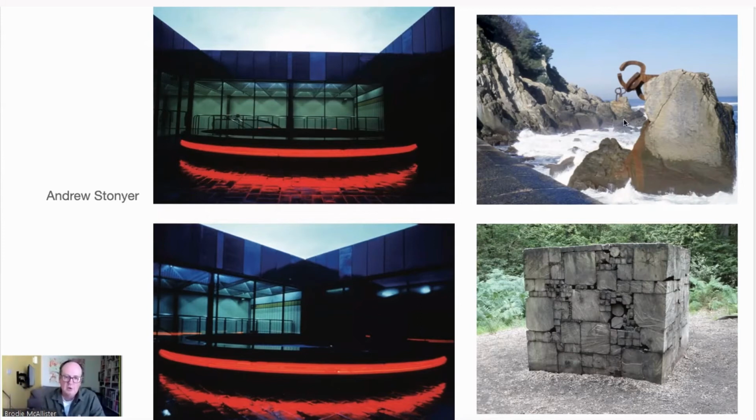So on the top right, we've got the Basque sculptor, Chillida, and that's 1977, Comb of the Wind, a series of large rusty steel grappling hooks coming out of rock, set in rock in San Sebastian.